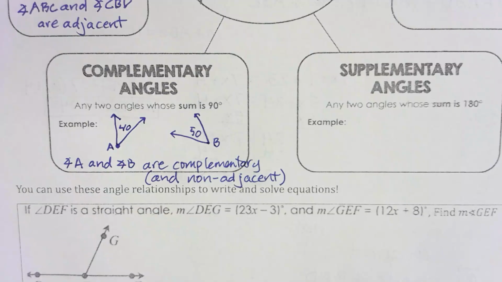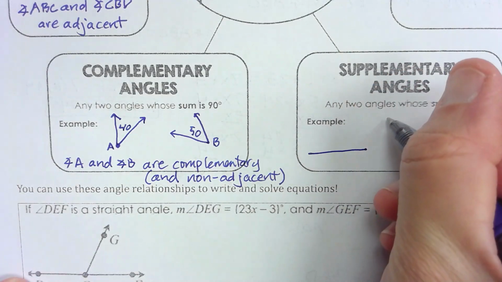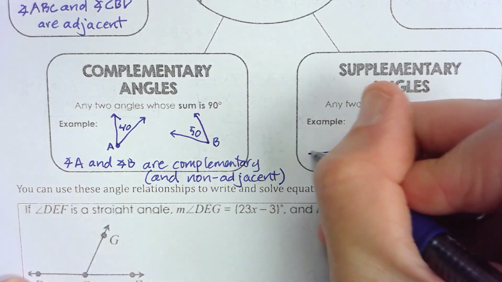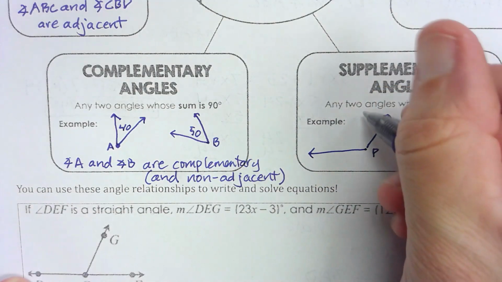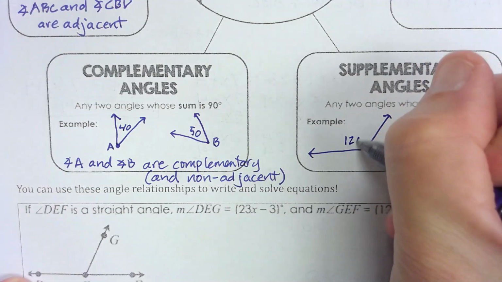All right, we have complementary angles that will add up to 90 degrees, and then we also have supplementary angles. Supplementary just means that their measures add up to 180 degrees. So for instance, we'll draw angle P, and we'll make that one 120.